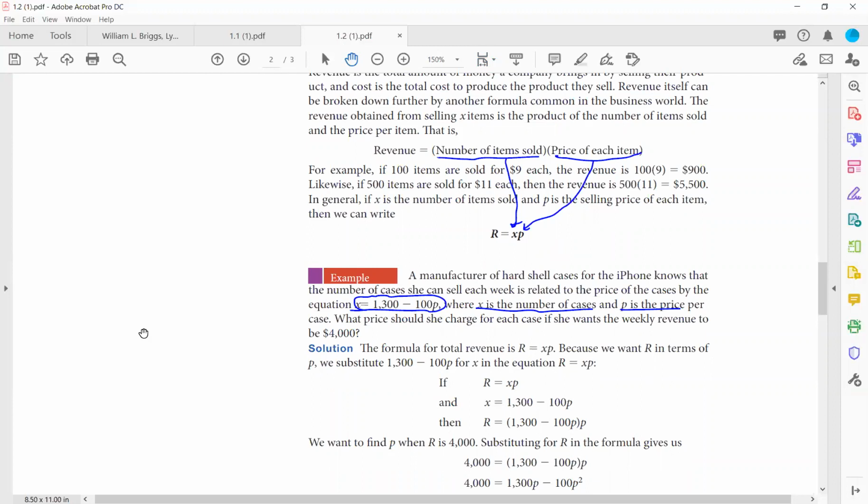Perfect. So we know that the revenue follows the following formula, X times P. In this example, X is given.